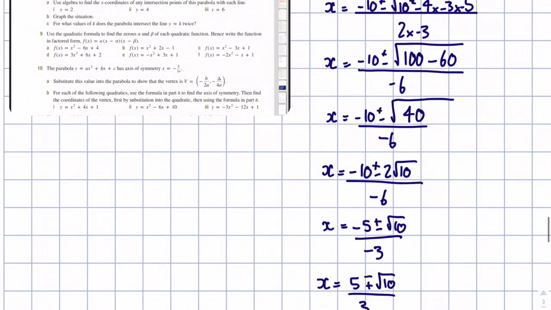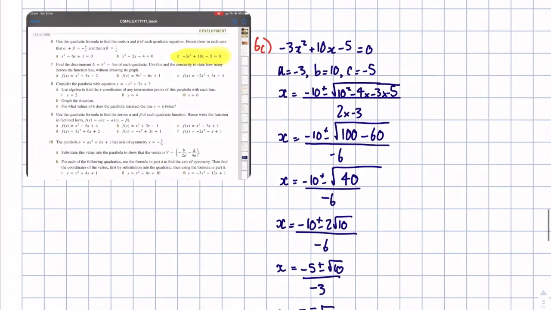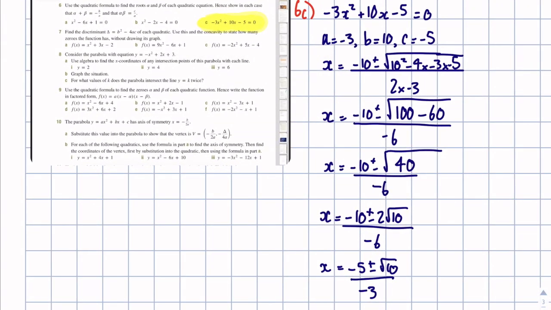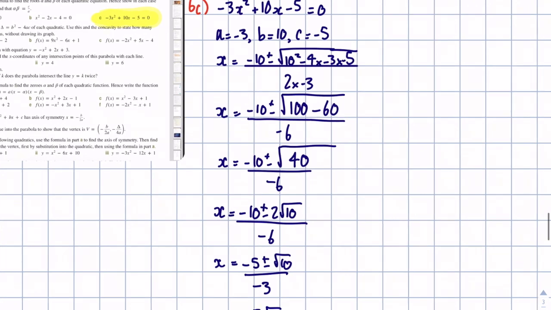And they want to prove that these roots, if we add them together, we get minus b on a, and if we times them, we get c on a. Let's actually do that.